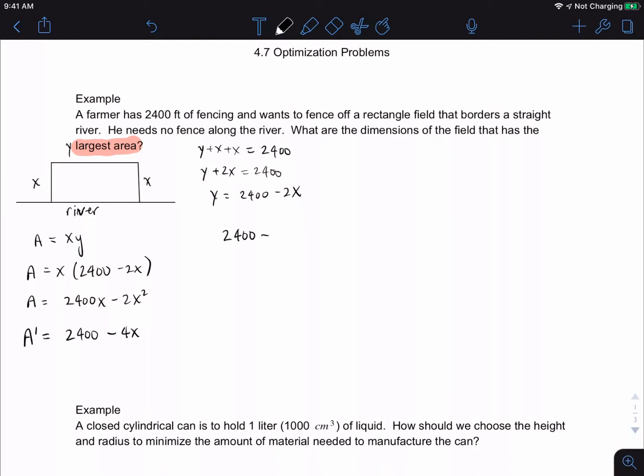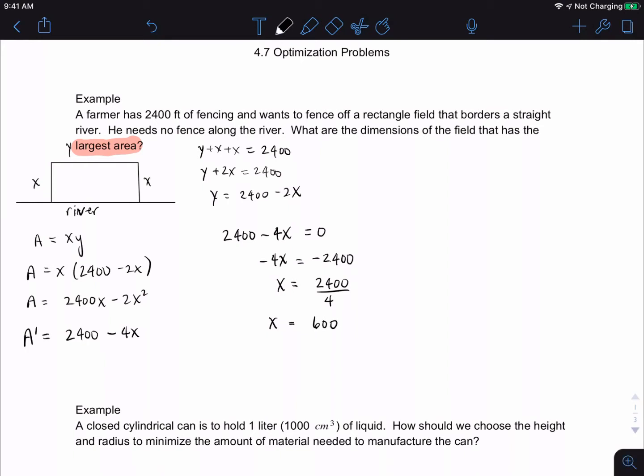So 2,400 minus 4X equals 0, so negative 4X is equal to negative 2,400, and X is equal to 2,400 divided by 4. And so X is equal to 600.